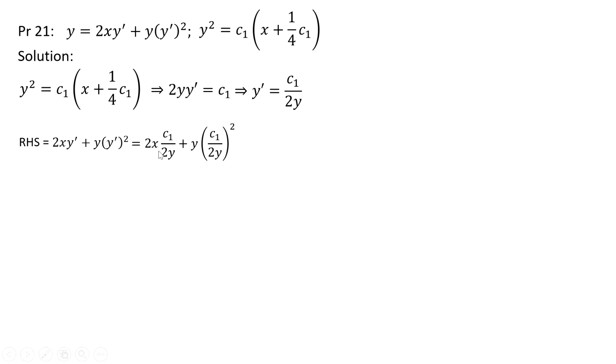Yeah, you get 2x times, instead of y prime, I'm plugging c1 over 2y. Again, instead of y prime squared, I'm plugging c1 over 2y, the quantity squared. And we can cancel and simplify that and write like this.